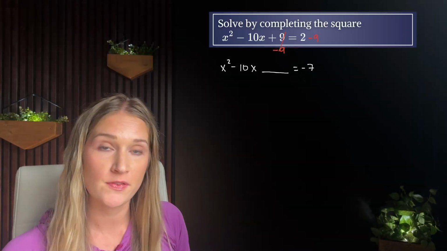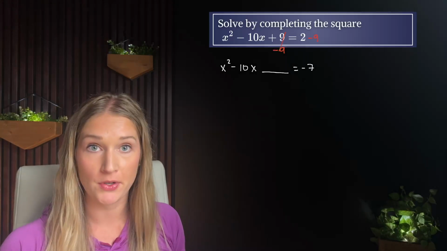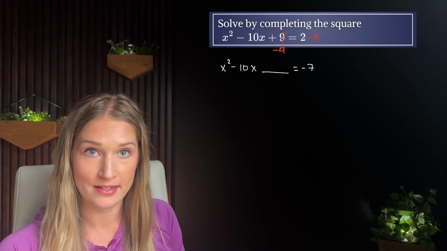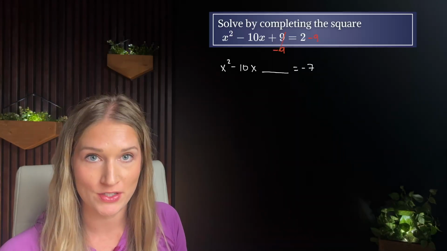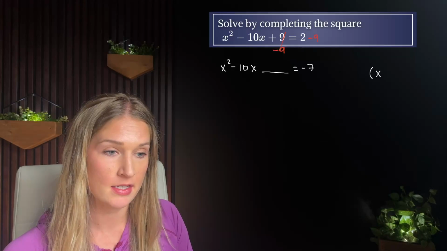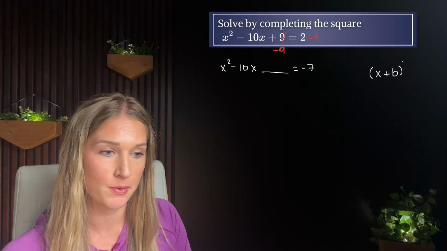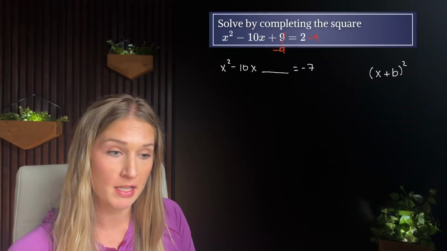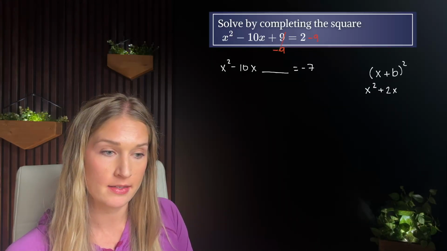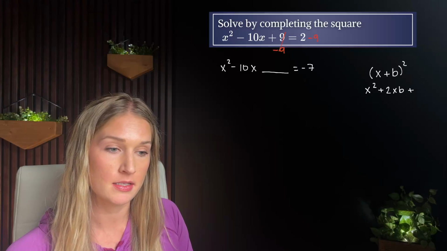So we're going to fill in that blank with a number that forces this polynomial on the left-hand side to factor into a perfect square. When we're done, our polynomial is going to look something like this, x plus b to the power of 2. And when we multiply it out, you'll have x squared plus 2x times b plus b squared.